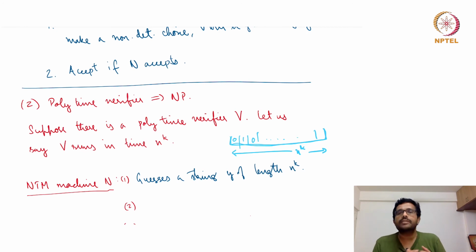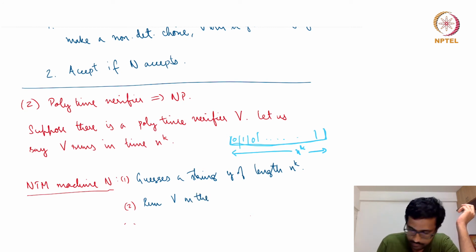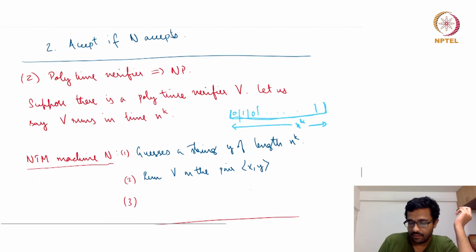So let the non-deterministic Turing machine guess a certificate of this length, right? This process we have seen before. It can guess the first bit, then the second bit, and so on. Then run V. So now it has a certificate. Now you run V on the pair, the input and the certificate, right?